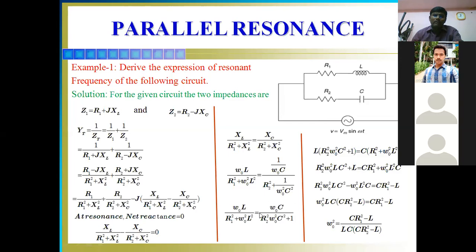So L into (R2 square omega naught square C square plus 1) is equal to C into (R1 square plus omega naught square L square).